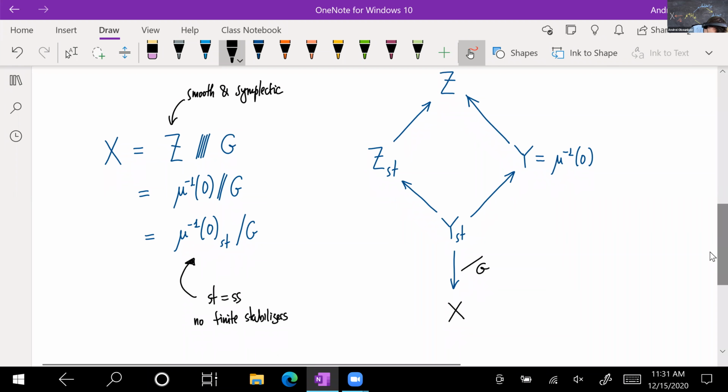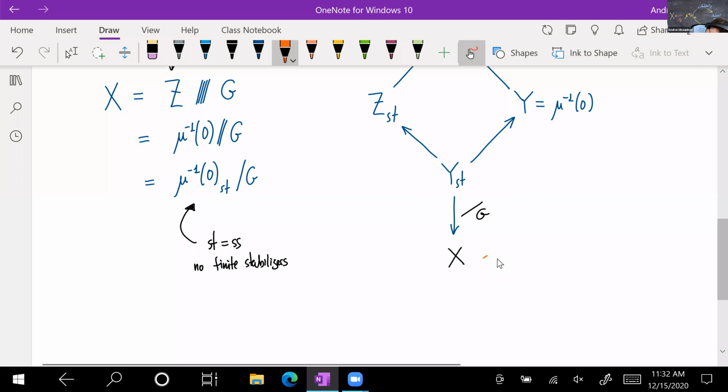And then the first thing we do: what's a stable envelope of a class? If I have a class alpha here, then I pull it back to the stable locus.